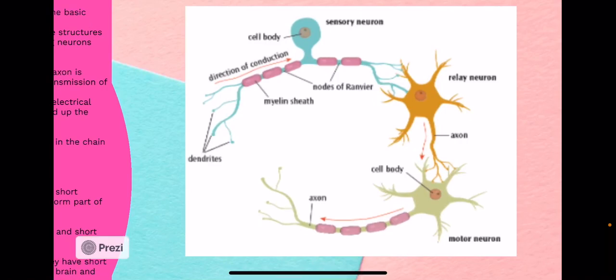If you have a look on the worksheet, there are a few exam questions which require you to link the role of sensory, motor and relay neurons to an item and explain what would happen in that item in terms of how the neurons would work.